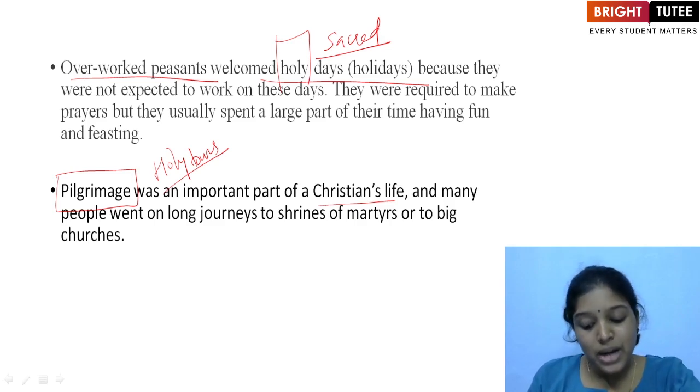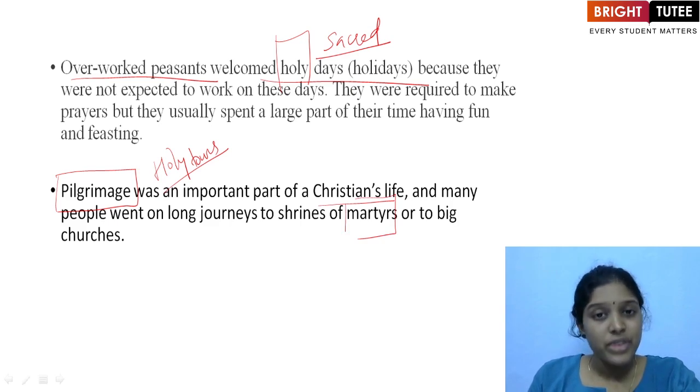And then some martyr shrines, that is, those people who had died for the cause of Christianity were called martyrs, or somebody who laid down their life for the sake of Christ. So there were places which were called the shrines of these martyrs, where people remembered them as great saints. These places were also pilgrimage sites, and the villagers visited these places.